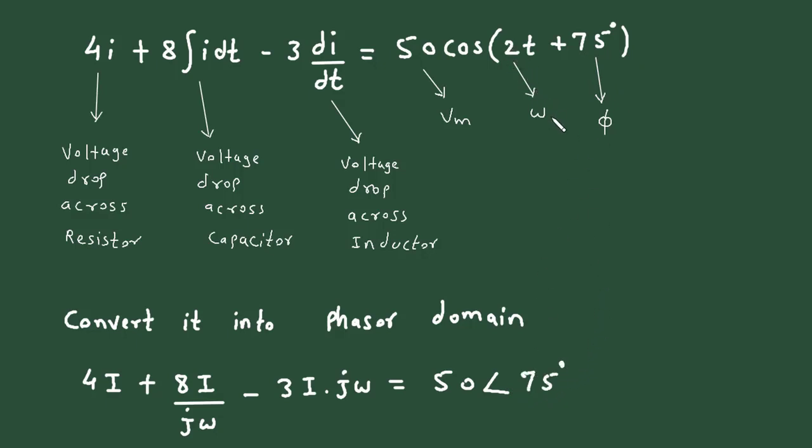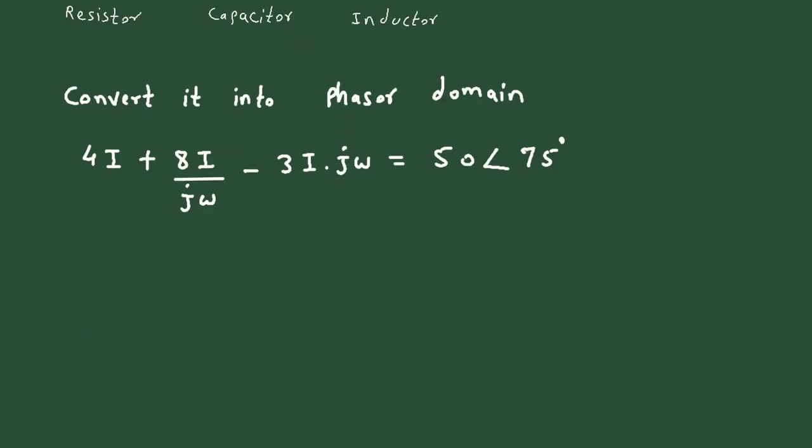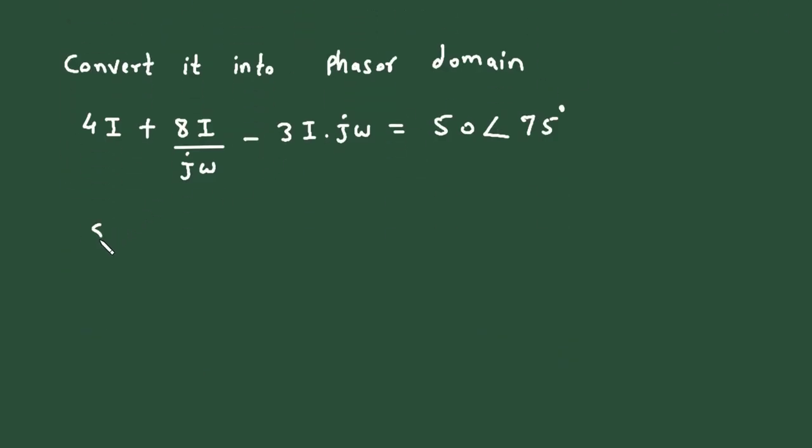Now here we can see the omega value is 2. Since omega is equal to 2 radian per second, because omega is always given in radian per second, in place of omega we can substitute 2. So let's simplify the equation.